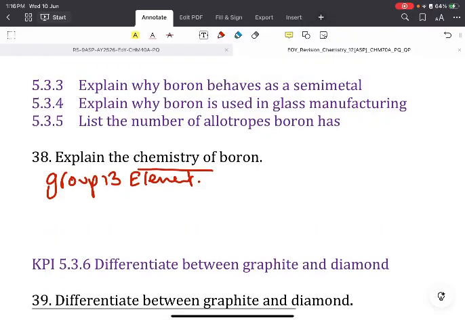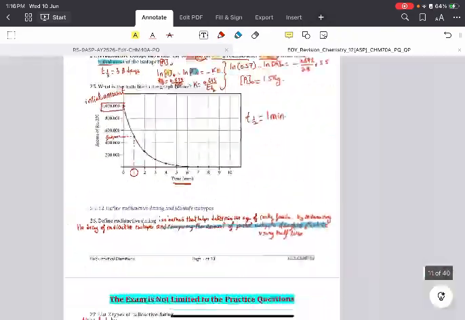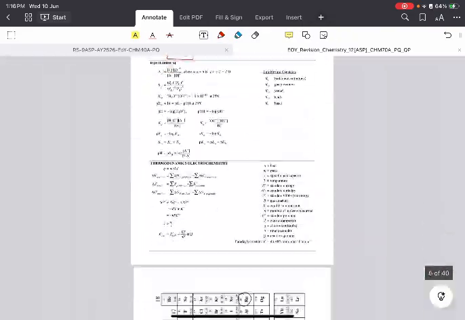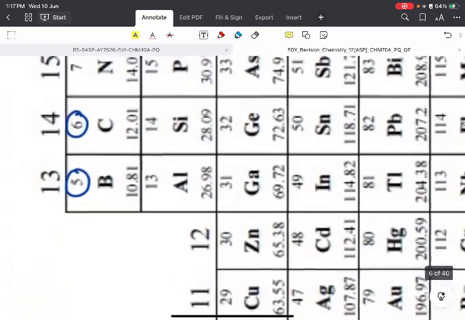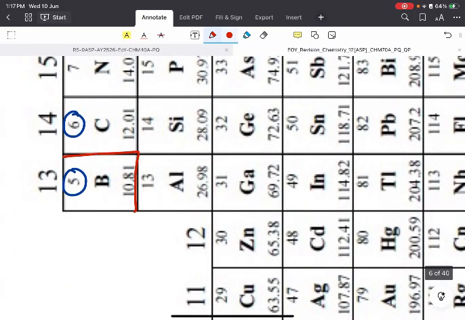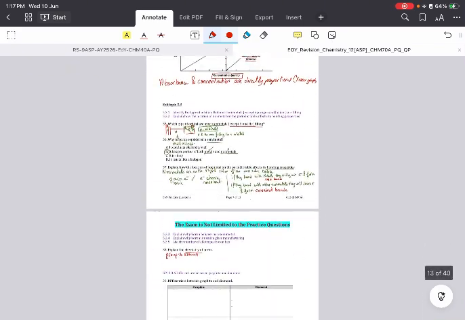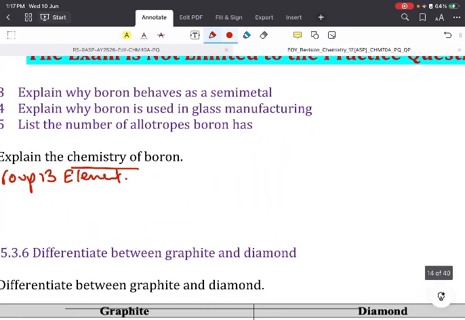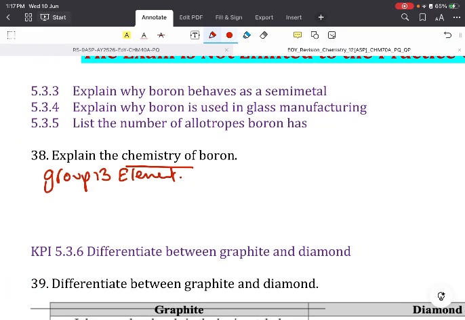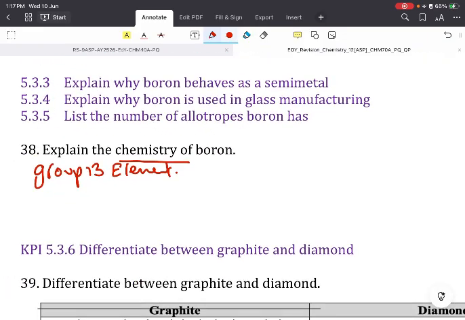Let me show it to you in the periodic table. Here, this is boron. It's a p block element in group 13.